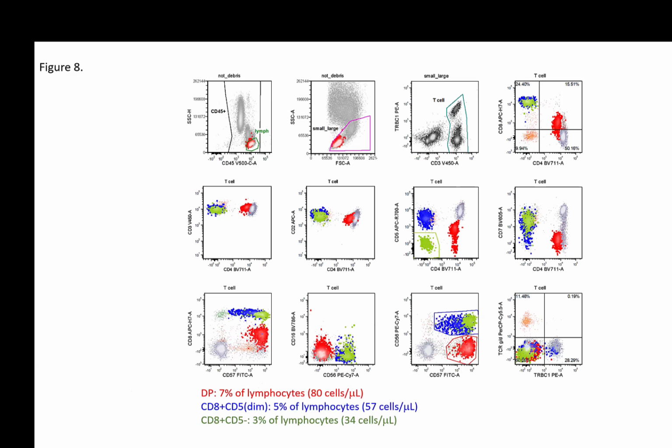And if you calculate the absolute count, we recommend about 500 cells per microliter to go into where you're debating whether it is a true TCUS versus something more ominous, like an LGL leukemia. And in this case, all three populations are well below that 500 mark.